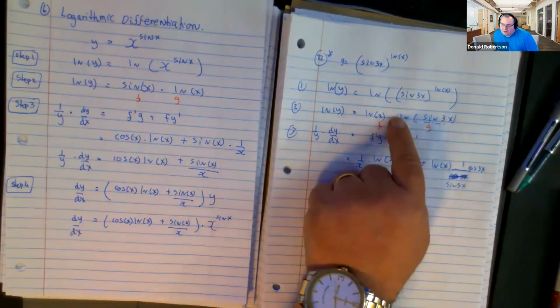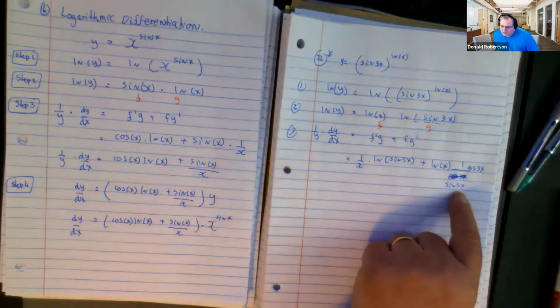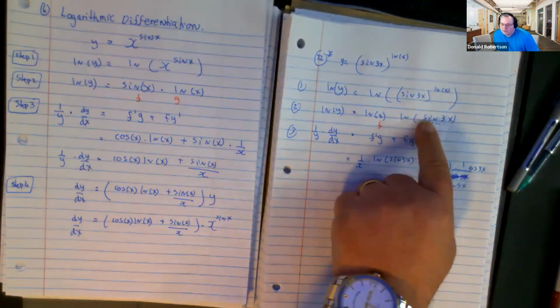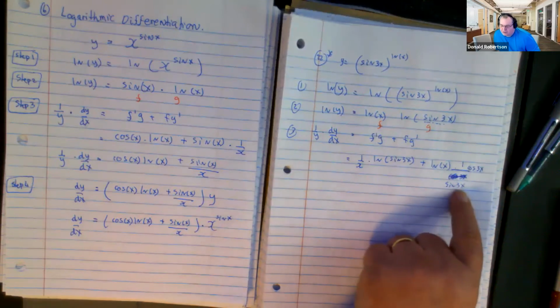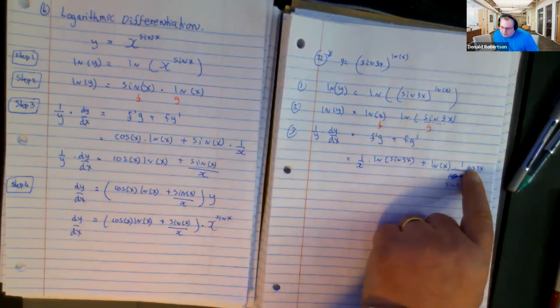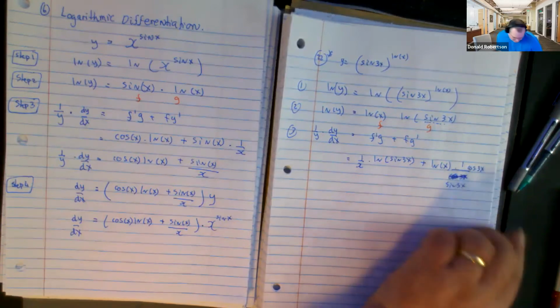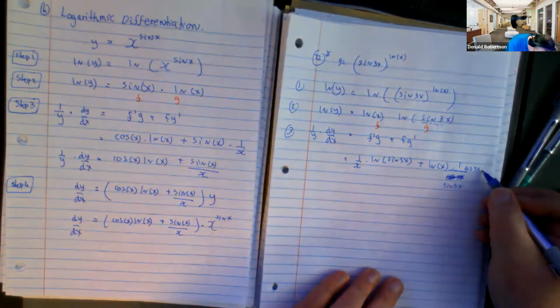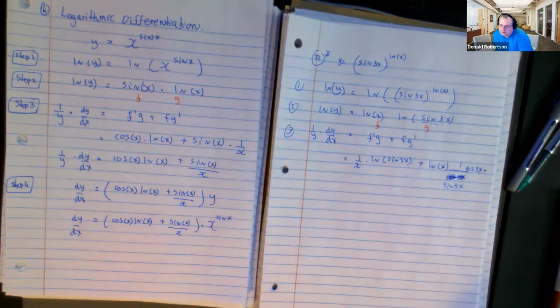So if you differentiate the log of sine 3x, you get 1 over the sine of 3x times the derivative of the sine of 3x, which isn't just the cosine of 3x. Isn't it a chain rule inside a chain rule?